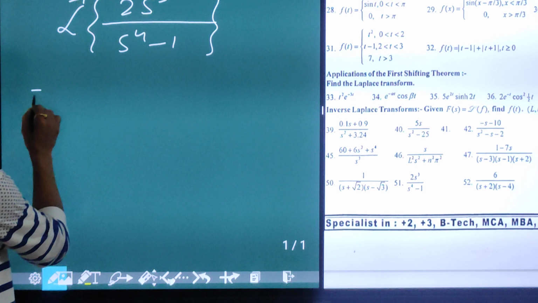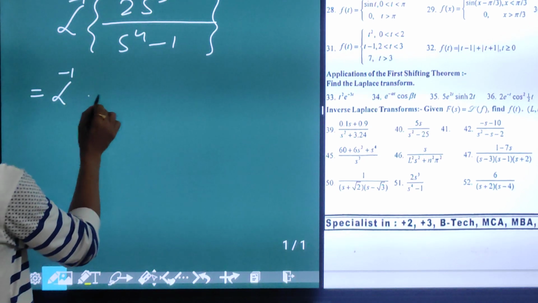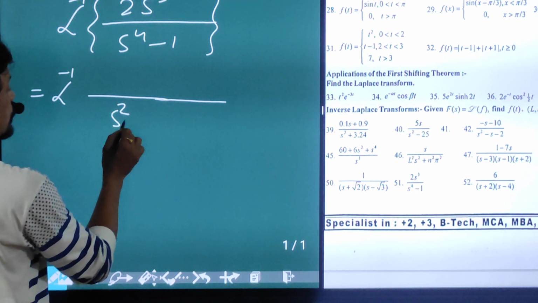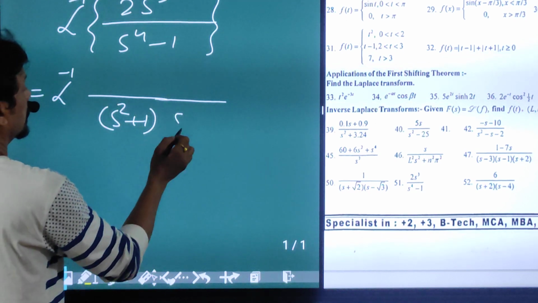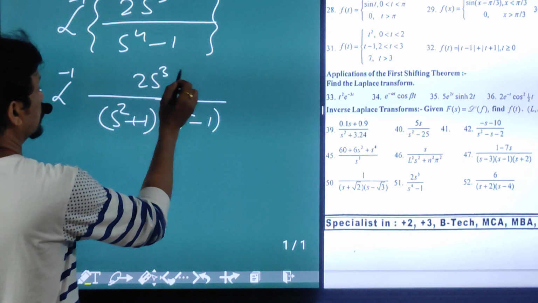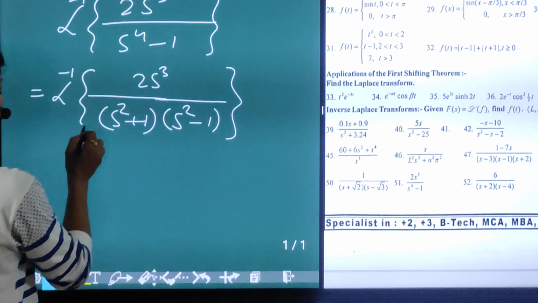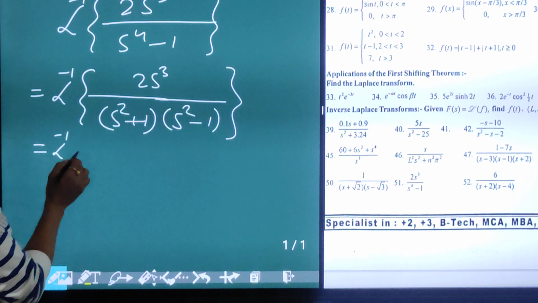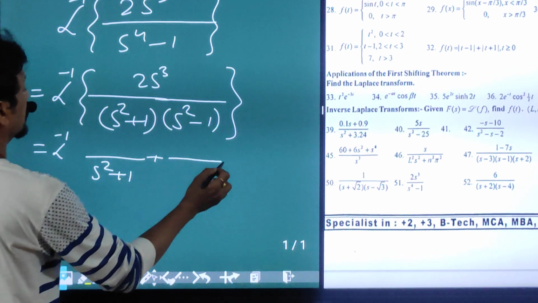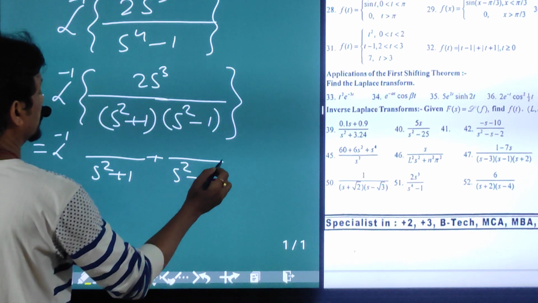See here, Laplace inverse. This one I am writing as s square plus 1 times s square minus 1, with 2s cube in the numerator.